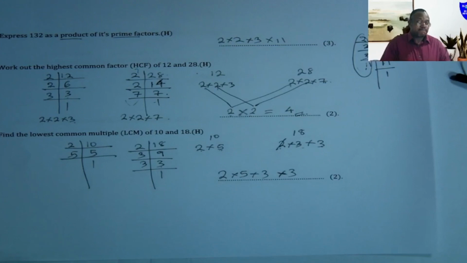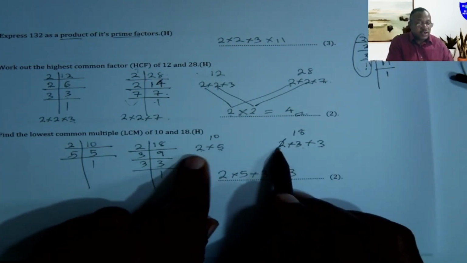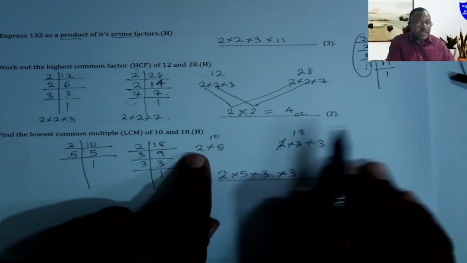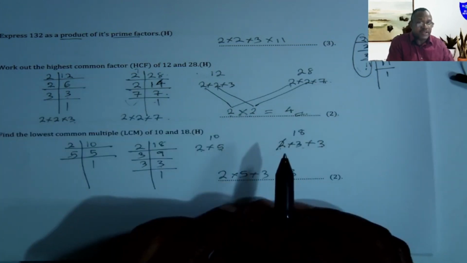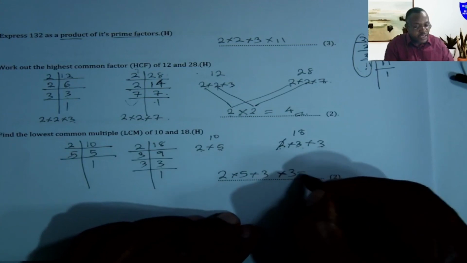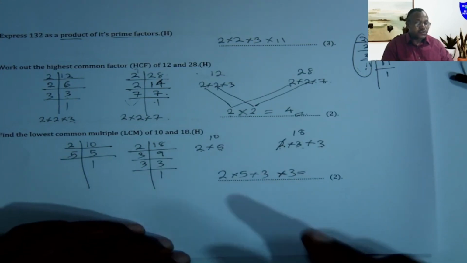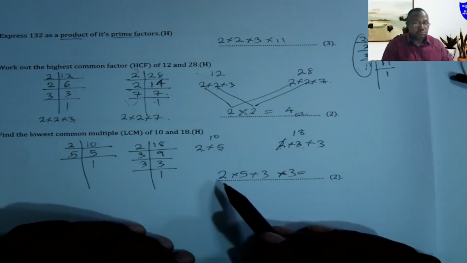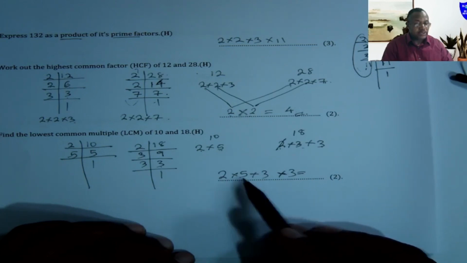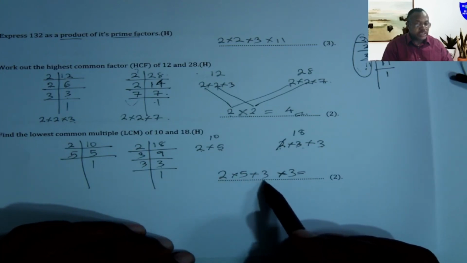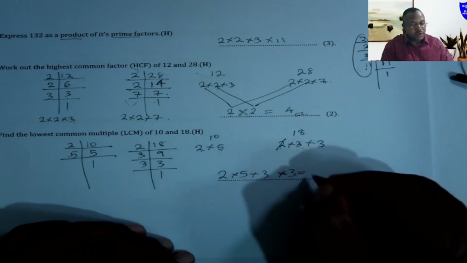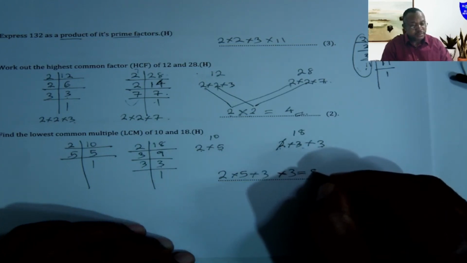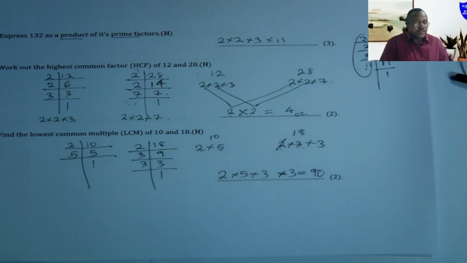Okay, so you only cancel out the common numbers from one side and then bring down all the numbers that are remaining, multiply them to get the lowest common multiple. So in this case, we've got 10 times 3, that is 2 times 5 is 10, 10 times 3 is 30, 30 times 3 it's 90. So our answer here is 90.